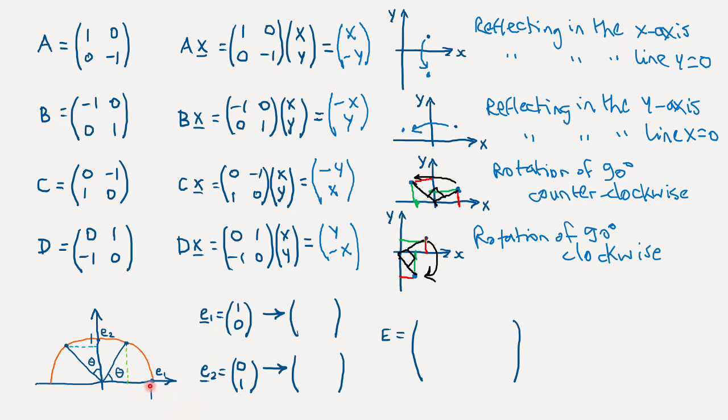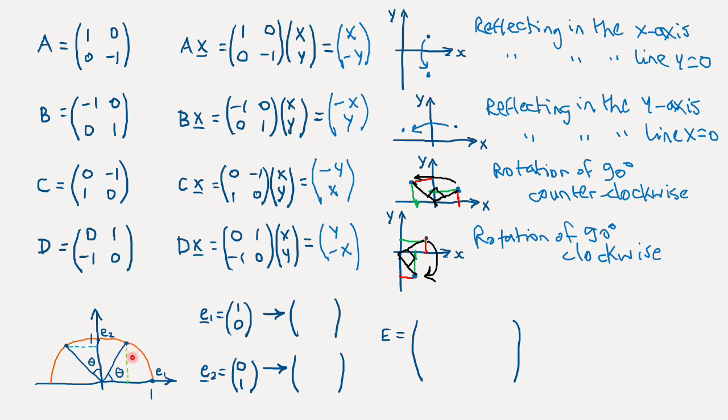So here's E1, the point 1, 0, and if I rotate around this circle of radius 1 about the origin and I go theta degrees, I'll end up here. And then point E2 is up here, 0, 1. I'm going to rotate by theta degrees around the origin and it's going to go around the circle over here.